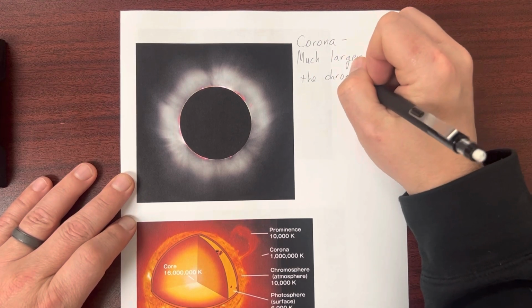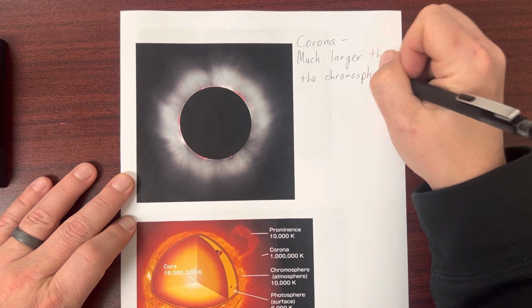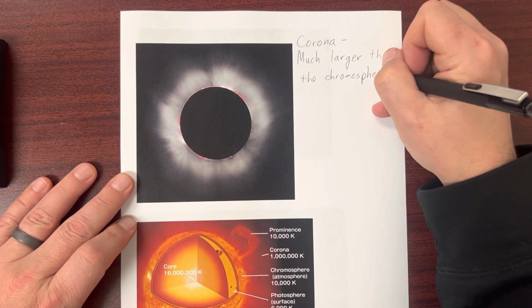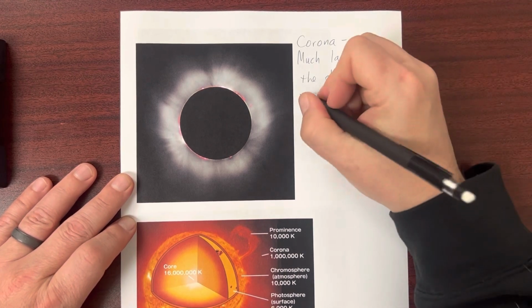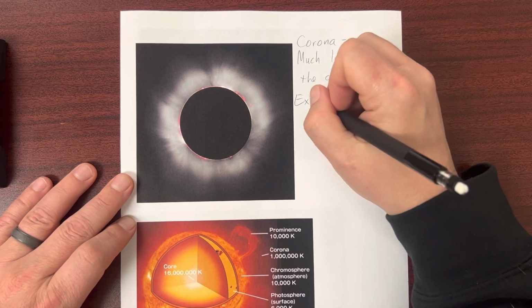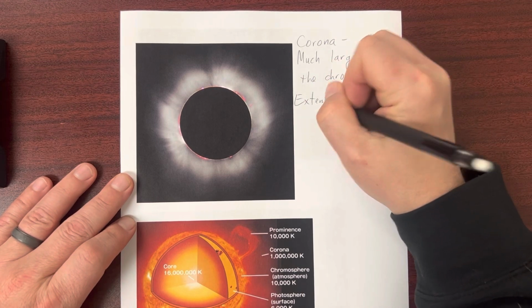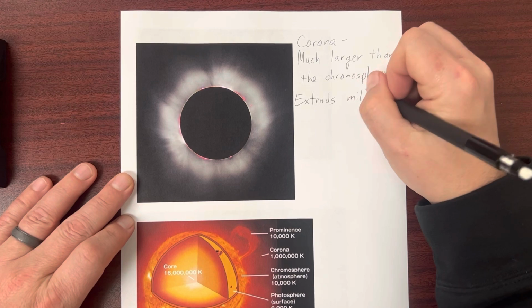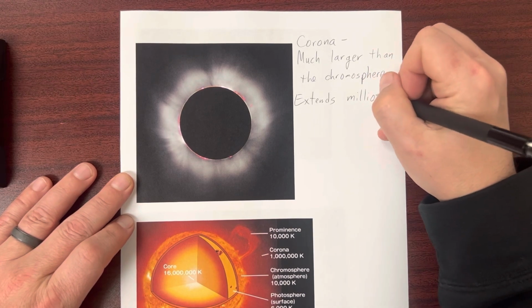The chromosphere, we said, was really small, right? It didn't extend very high up into the atmosphere, where the corona can extend millions of kilometers up above the surface of the sun.